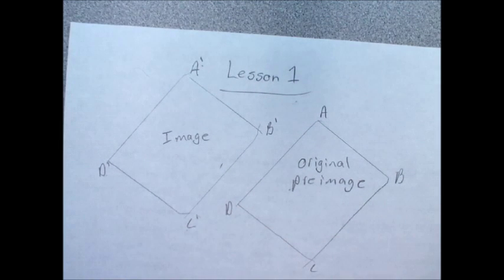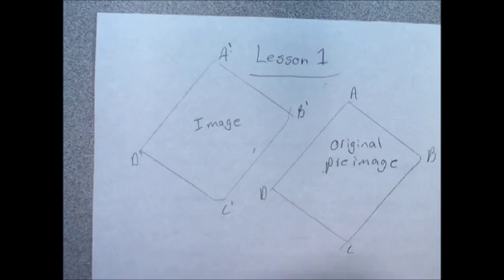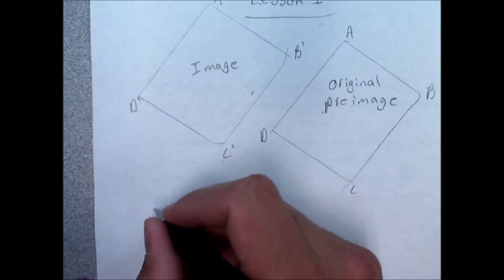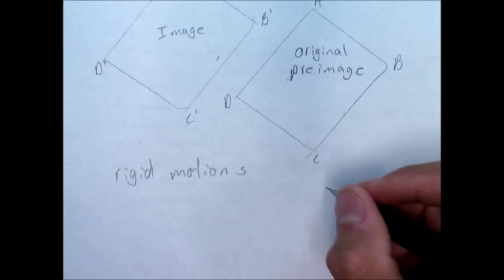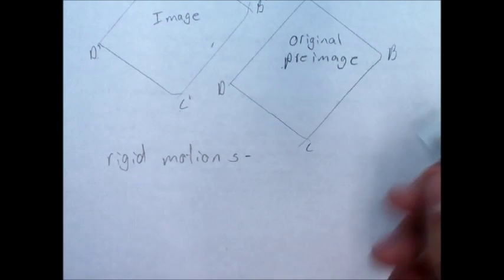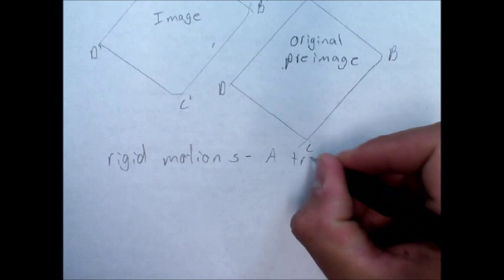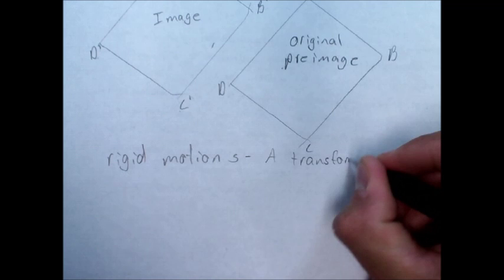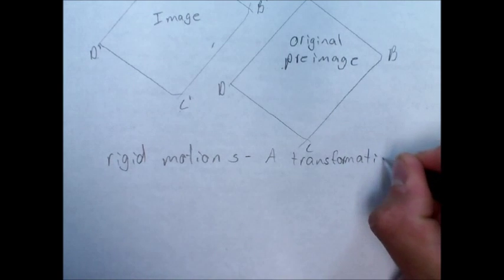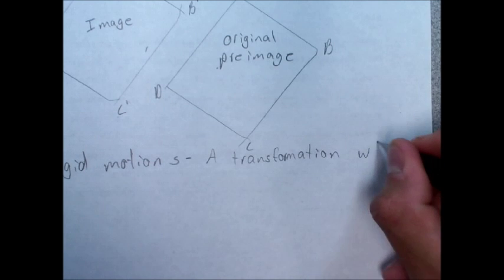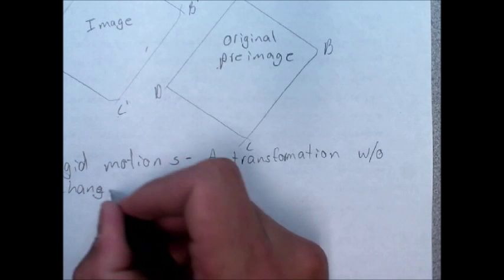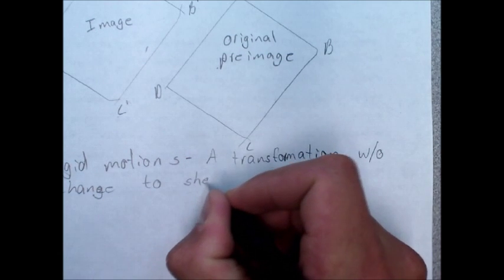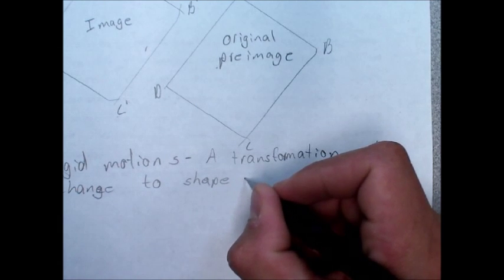Transformations that change the position of a figure without changing its shape or size are called rigid motions. So we're going to write down that word and its definition. Rigid motions are a transformation without change to shape or size.